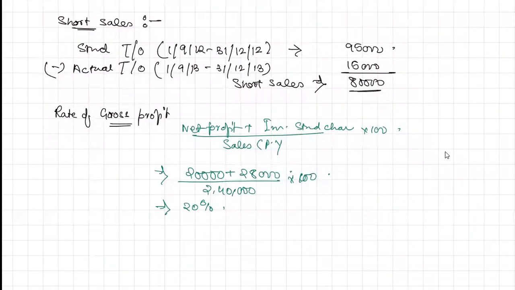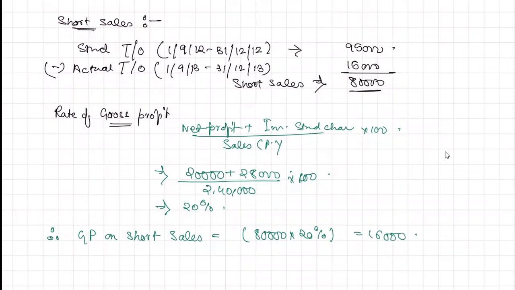नाउ क्या करना है अपने को? जीपी ऑन शॉर्ट सेल्स, 80,000 into 20%, it will be 16,000.